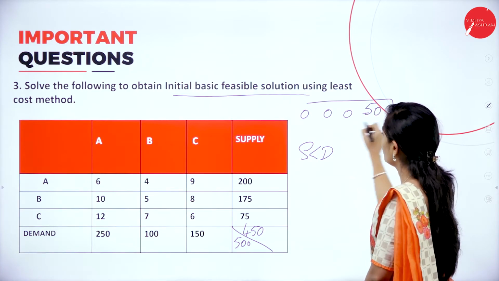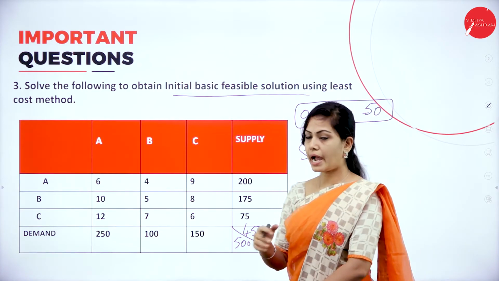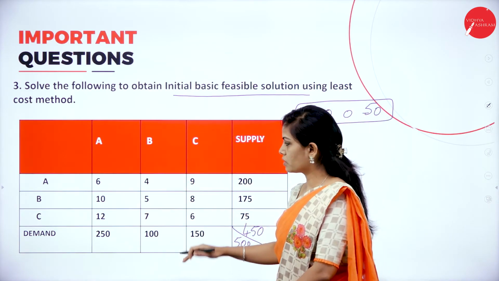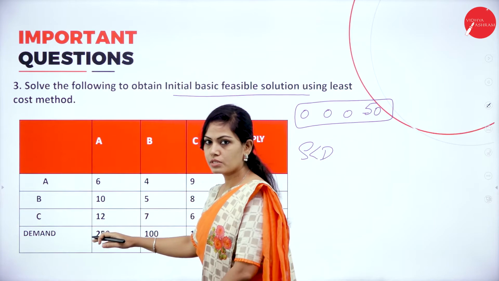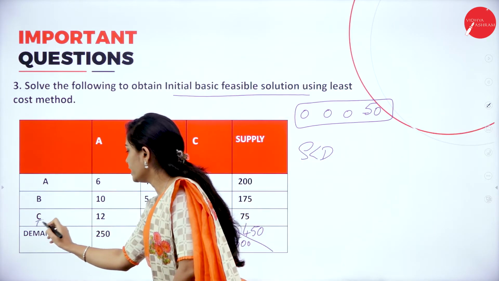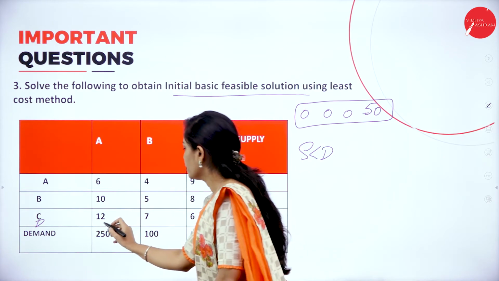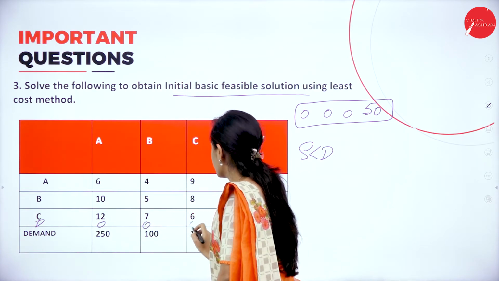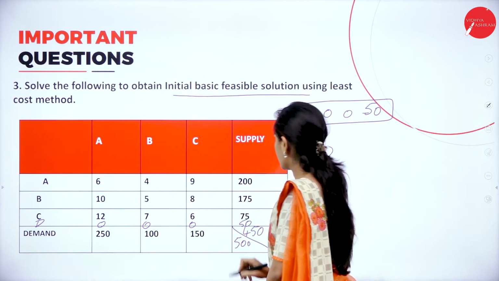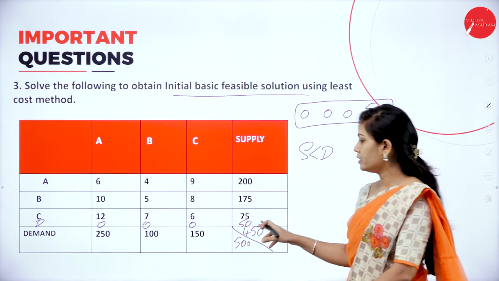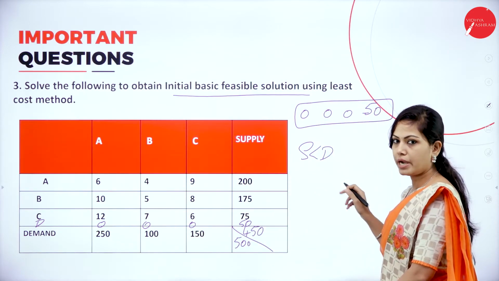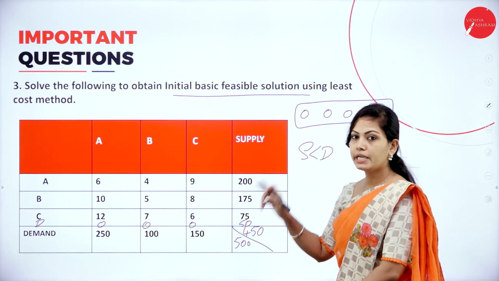We already have 3 rows, I will add one more row here. So here I will add D with 0 matrix and plus 50. So I am adding one dummy row because supply value is less than demand value.